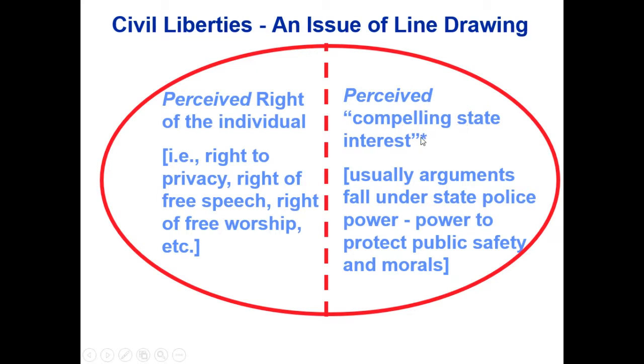Does the community have a compelling interest here? Okay? And then it is a matter of determining where the line should be drawn between the right of the individual on the one hand and the interest that the community is asserting on the other hand. Okay? Because when the community passes a law regulating speech or regulating gun possession or regulating public demonstrations or whatever the case is, it is invariably going to be asserting some interest.